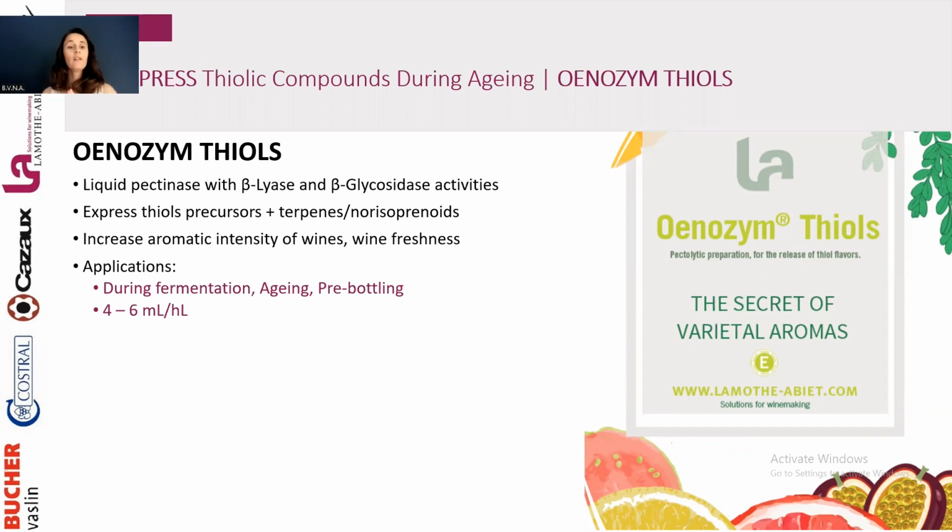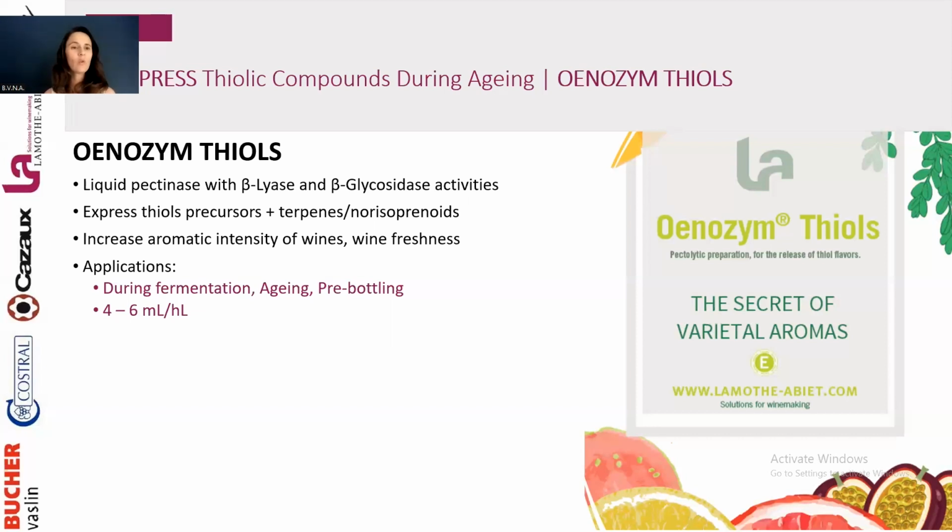When we are using it during aging, we are not giving the yeast precursors anymore. So there is no impact on the 3-MH acetate, but we are only releasing the precursors that the yeast didn't release. And in fact, even the best yeast in the best circumstances and conditions will not release all the thiolic precursors.